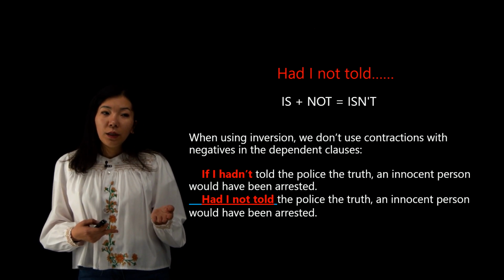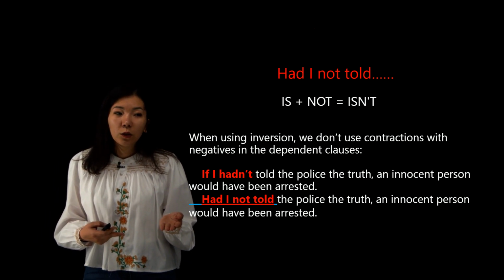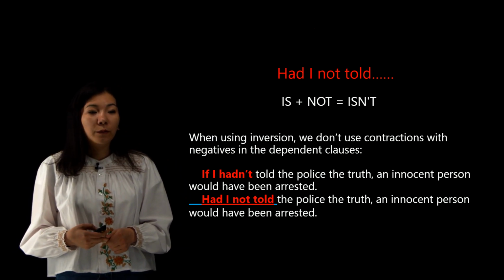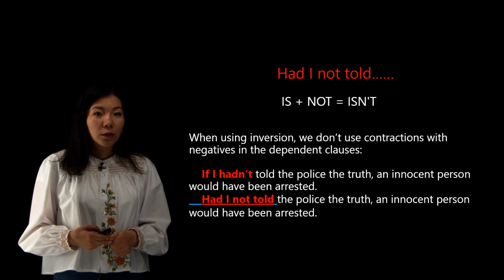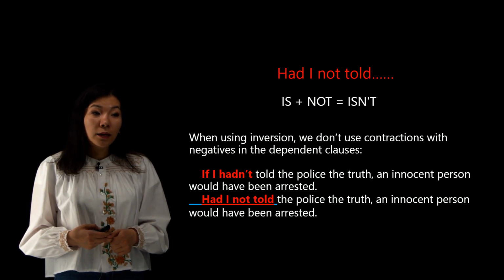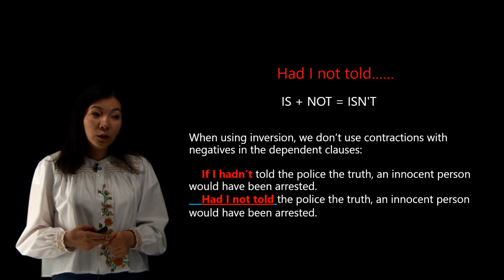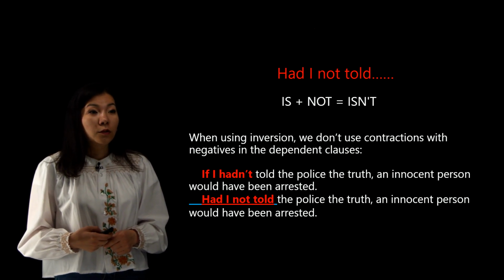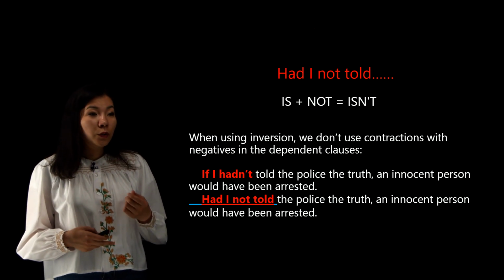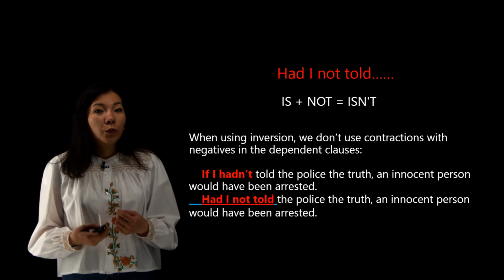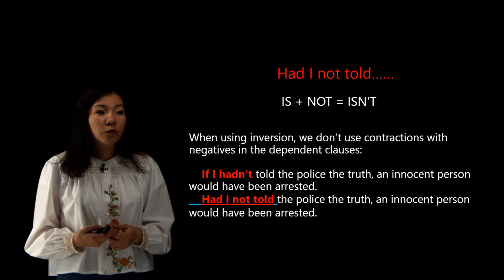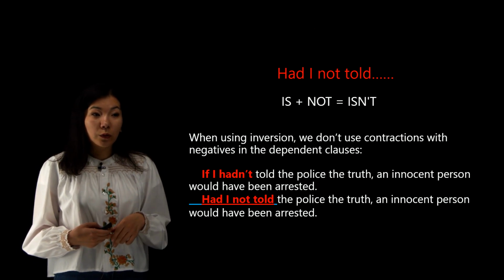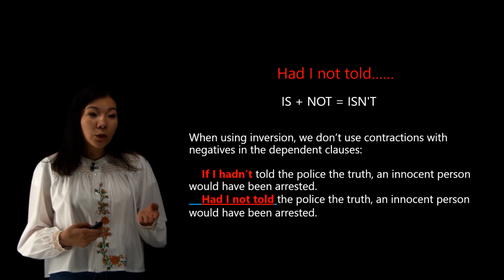As you see in the example, if I hadn't told the police the truth, an innocent person would have been arrested. And had I not told the police the truth, the innocent person would have been arrested. So whenever you use inversion, we cannot use contractions with negatives in the dependent clause.